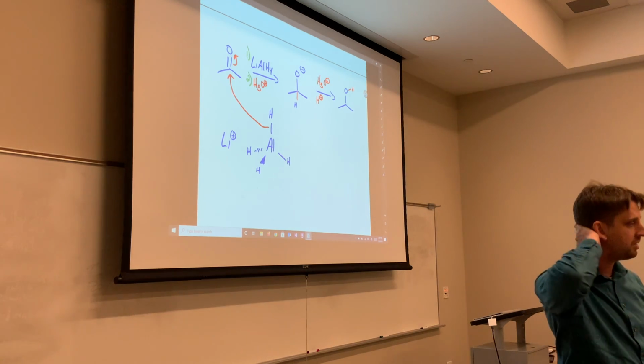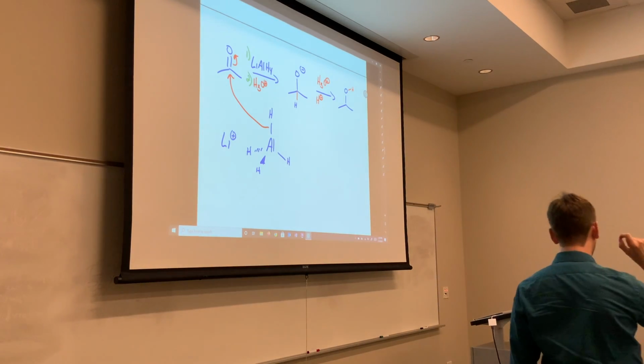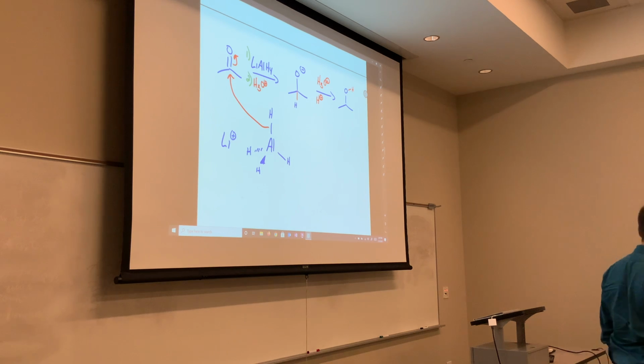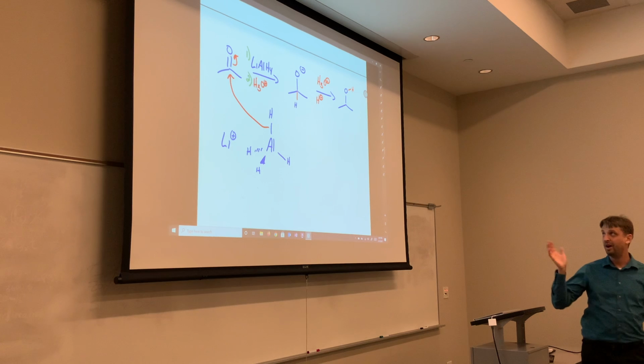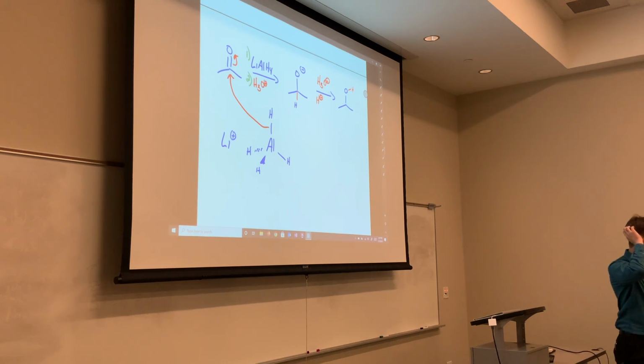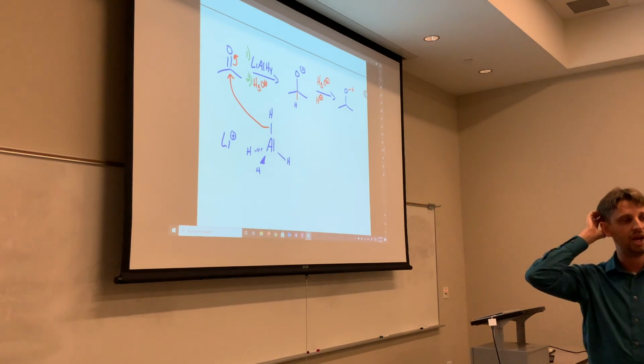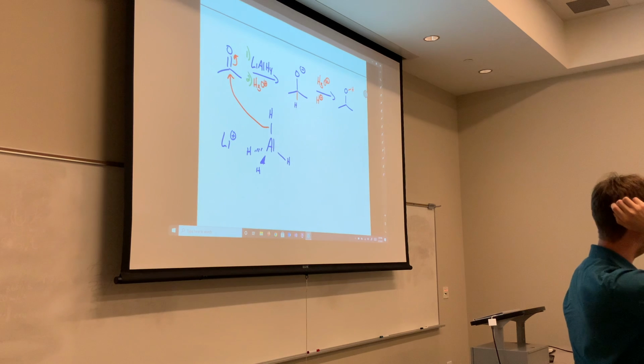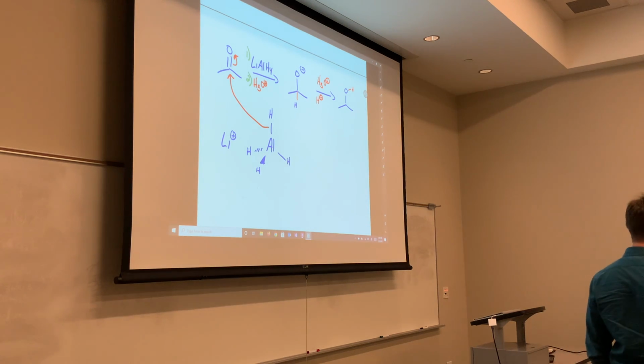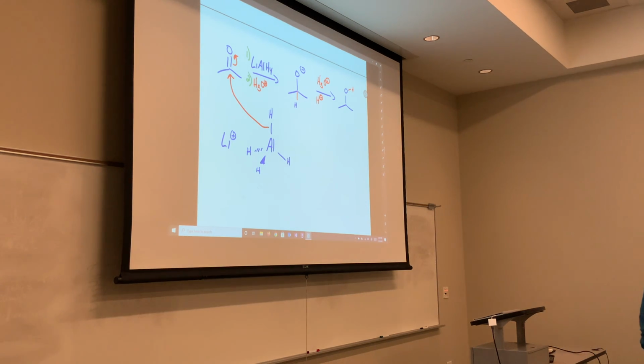We said that this is a hydride source. It'll reduce the crap out of everything. We're going to talk about it in the context of carbonyls, and it'll pretty much reduce any carbonyl compound that we come into contact with. We're going to talk about aldehydes and ketones now. We're going to come back later and talk about some of these derivatives, and we'll see the exact same mechanism at work.